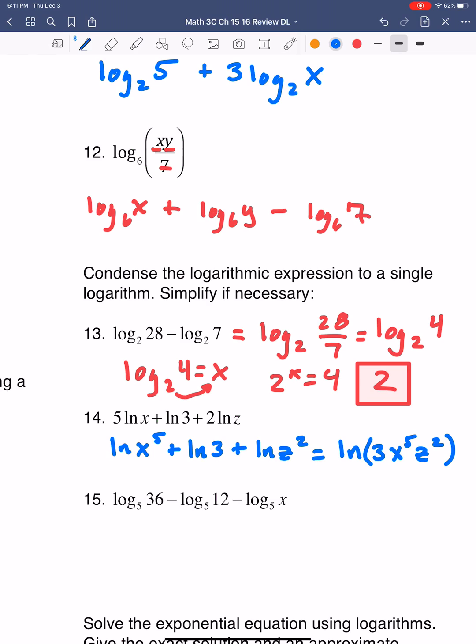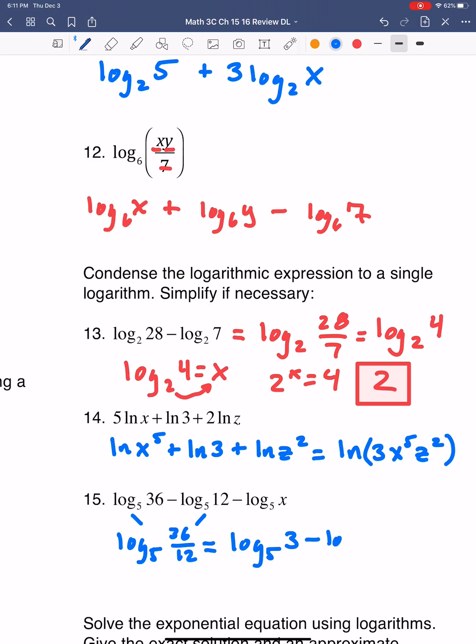All right, and then we go to the last one here. I'm going to do this in 2 steps to start. So first I'm going to condense these 2 logs. And so that's going to become log base 5, and that's 36 over 12, right? Because subtraction becomes division. And so then that's going to turn into log base 5 of 3.